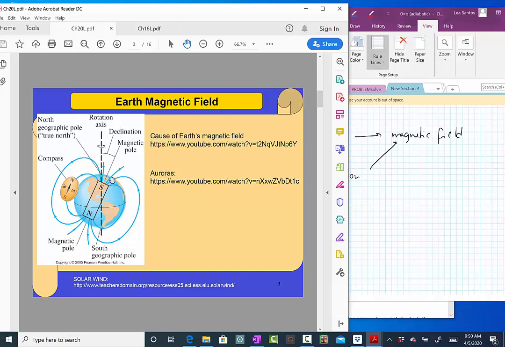When these charges come and penetrate Earth, they come with a lot of energy, and they collide against the molecules in the air, excite these molecules for a while, but then once they lose this excess of energy, that's when we get radiation. That's when we get what is known as aurora borealis, or aurora australis, which is the one that happens in the South Pole. Another name for the aurora borealis is the northern lights.